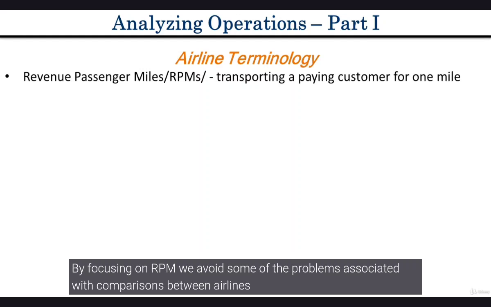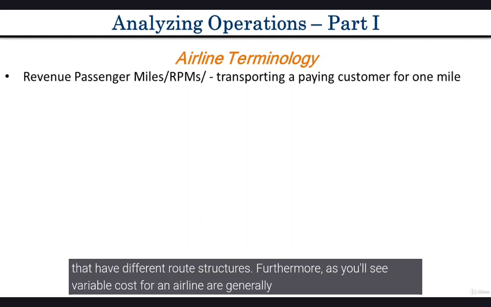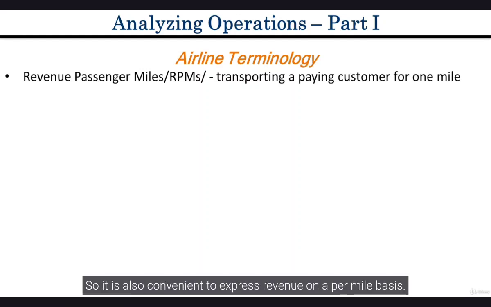By focusing on RPM, we avoid some of the problems associated with comparisons between airlines that have different route structures. Furthermore, as we will see, variable costs for an airline are generally tied to the number of miles flown, so it is also convenient to express revenue on a per mile basis.